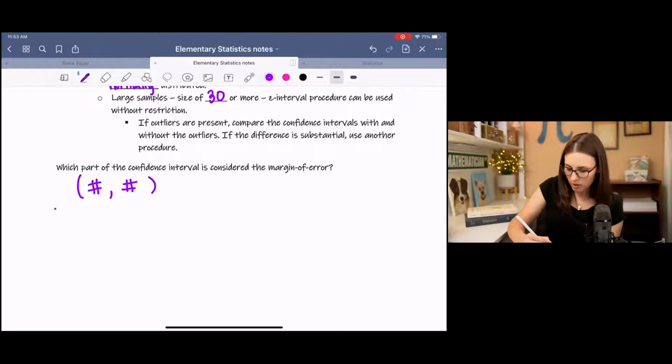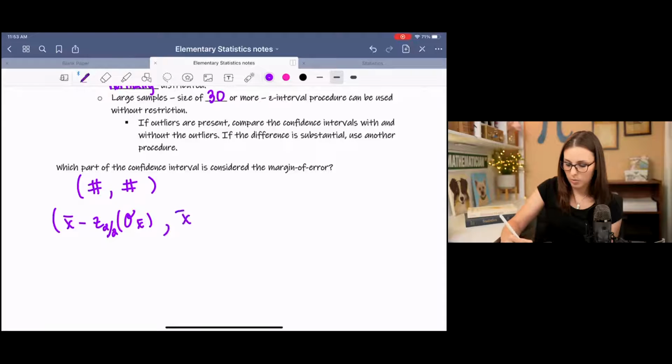Those endpoints are X bar minus this little piece here, comma, X bar plus this little piece here.